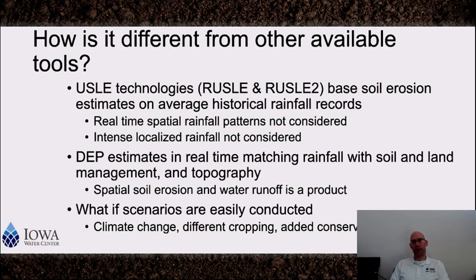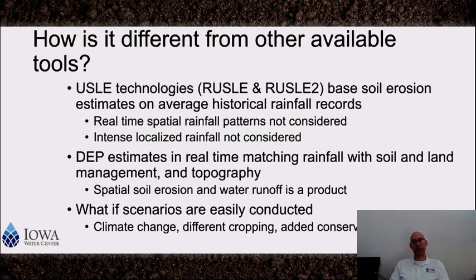They don't consider real-time spatial rainfall patterns in their estimates, and don't tailor their estimates to the intense localized rainfalls that typically happen in the state of Iowa and the surrounding areas. And so it doesn't allow us to estimate in real time like we can with the Daily Erosion Project.